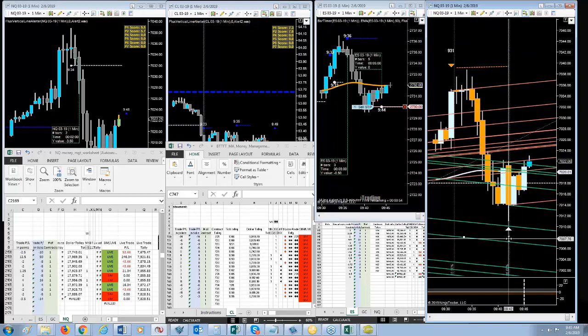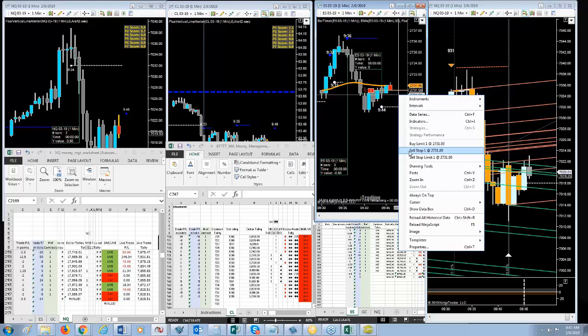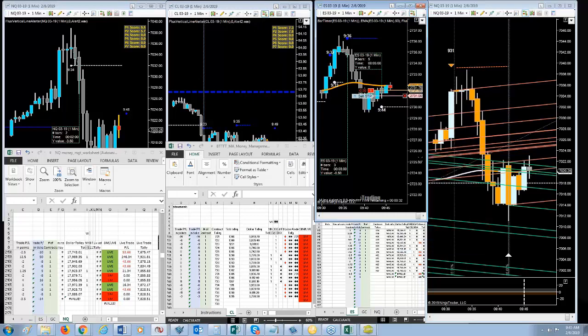Joking. Did this one close above the MA? 32. Yep, that actually closed above the MA right here. Very small risk on the ES.